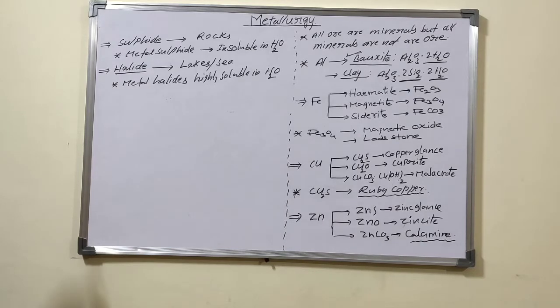Why are sulfides present in the form of rocks, and why are halides present in sea and lakes? Sulfides are insoluble in water, halides are highly soluble in water.